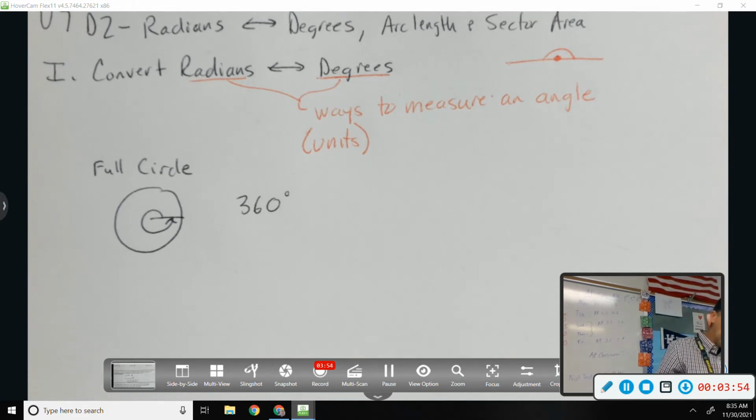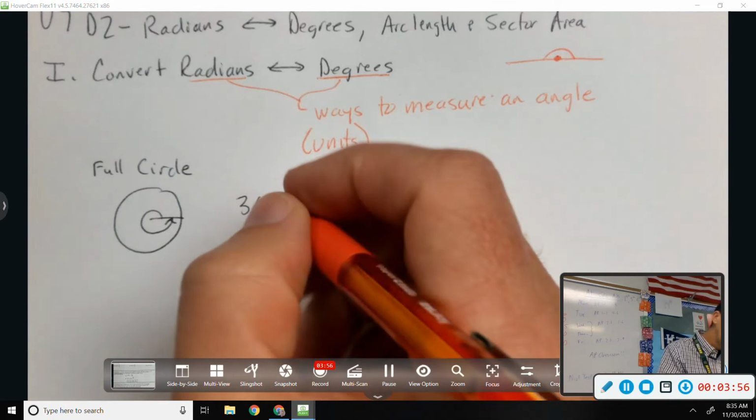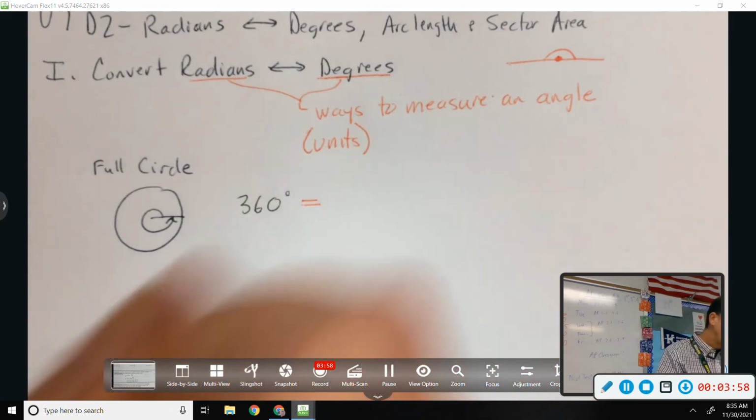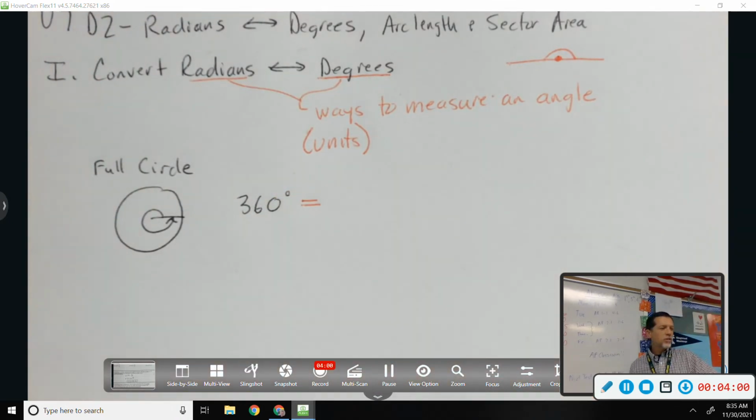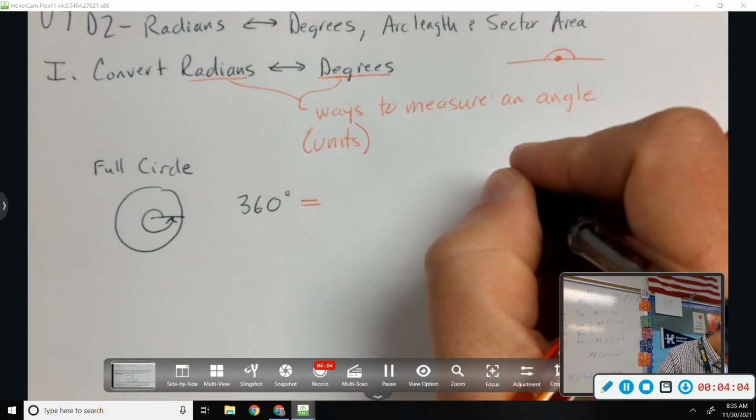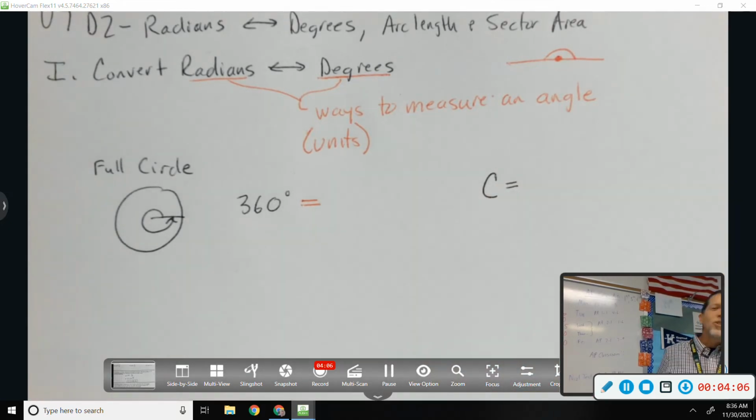So, again, you're kind of familiar with degrees. Does anybody know how far it is around in radians? A full revolution in radians? I think like 32. It's not 32. It's very much related to the circumference. Yeah. What's the formula for circumference? Pi r squared. No. Area is pi r squared. Yeah.